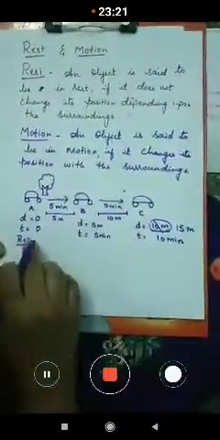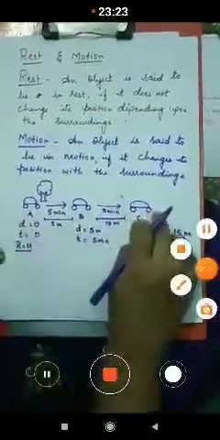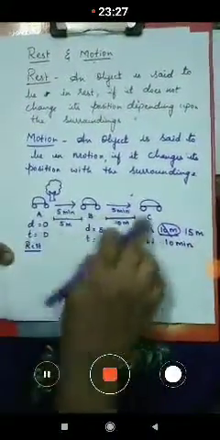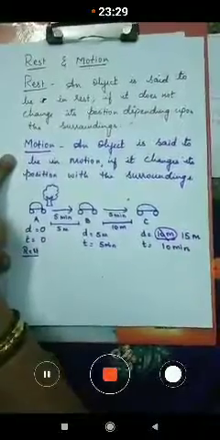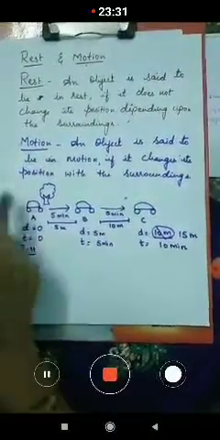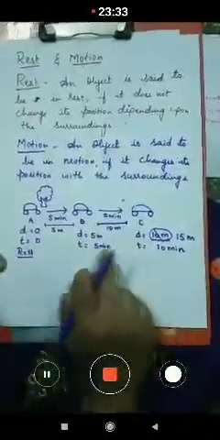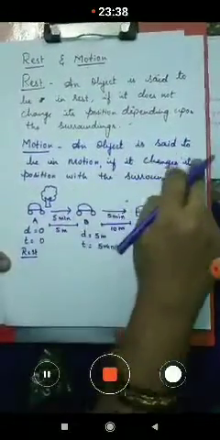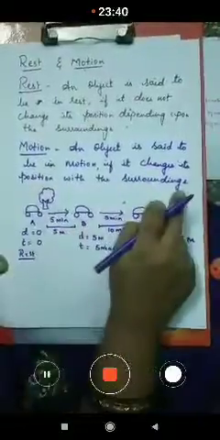Now, can we call this car moving? Whether it is in rest or in motion? Yes, it is in motion. An object is said to be in motion if it changes its position with the surroundings.